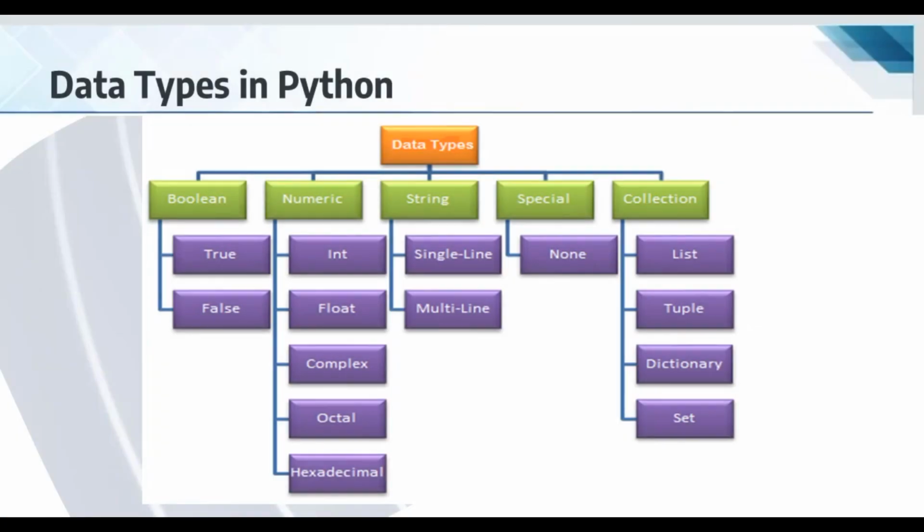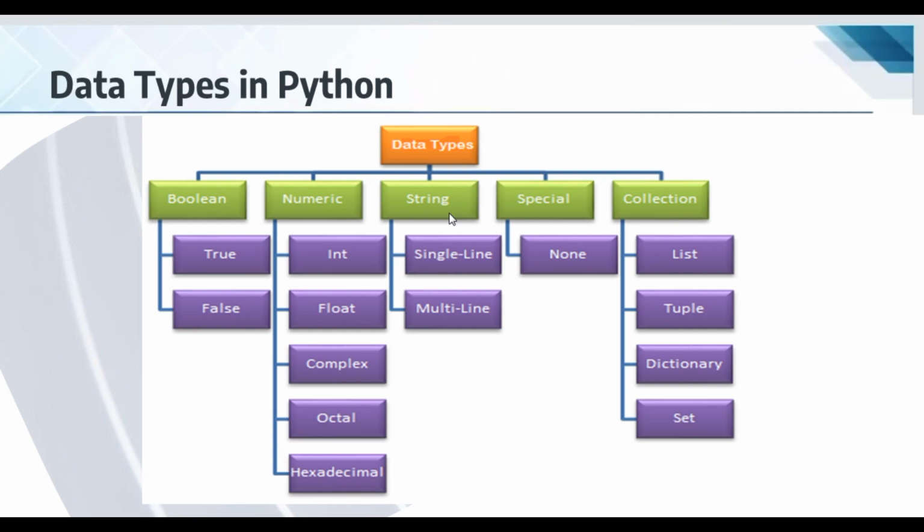So let's begin, student. You can see this diagram in front of you, which contains all types of data types used in Python. The first one is Boolean, which can contain 2 values, either true or false. Number, that is numeric, contains different types: first integer, then float, complex, octal and hexadecimal.